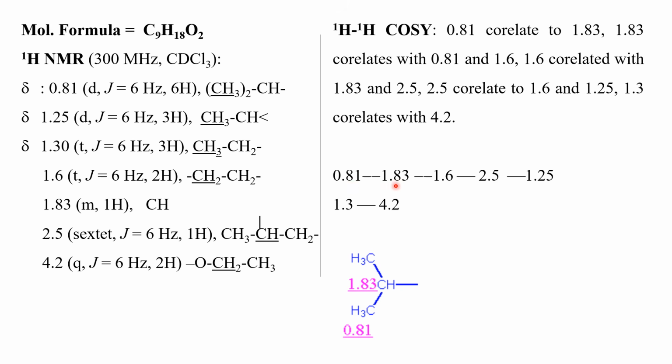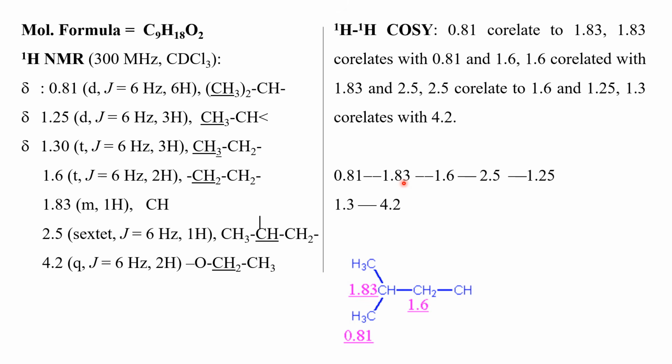0.81 correlates with 1.83. So at 0.81 we have the two methyl groups, which correlate with 1.83, which has a single hydrogen. So part of the structure is an isopropyl group. 1.83 has a correlation with 0.81 and 1.6.